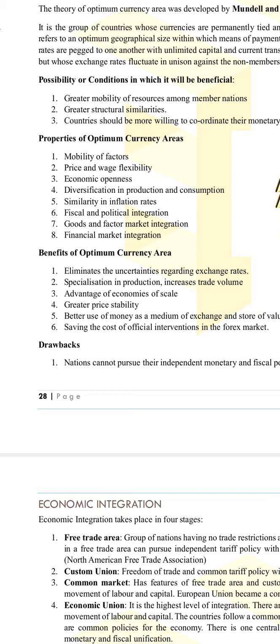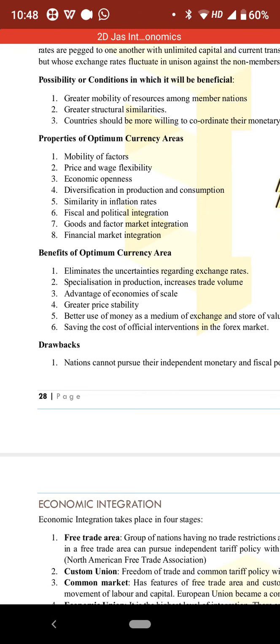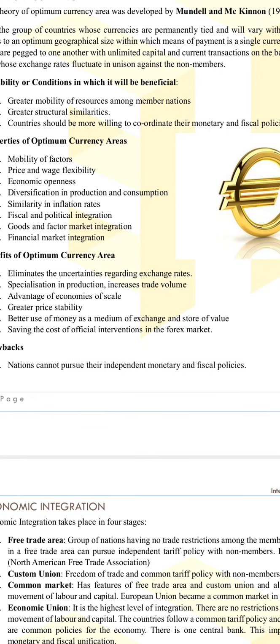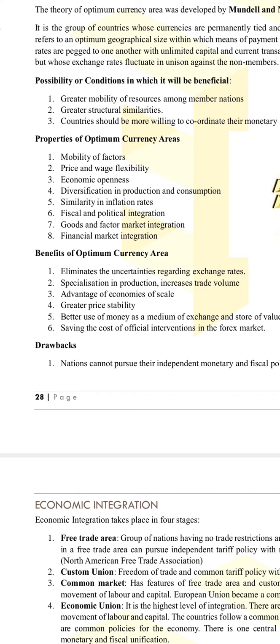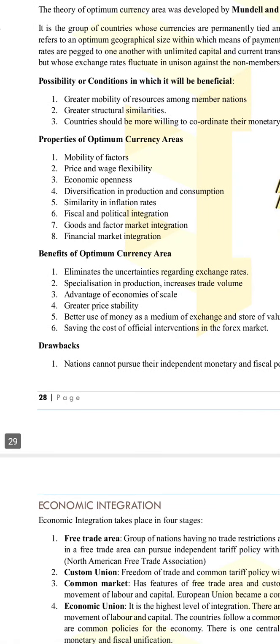Then the benefits of optimum currency area: it eliminates the uncertainties regarding exchange rate, allows specialization in production, increases trade volume, gives the advantage of economies of scale, greater price stability, better use of money as a medium of exchange and store of value, and saves the cost of official interventions in the forex market.